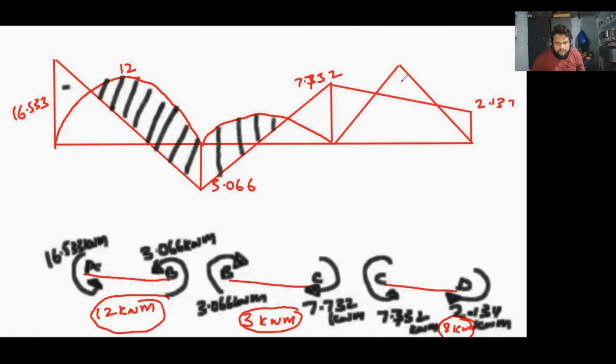Okay, and this is also positive, and now this area is negative. Okay, this complete area is also negative. Blue color thing is negative. Okay, this is negative and this is also negative. So this is our final BMD.